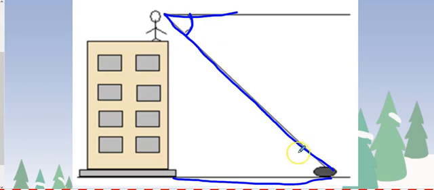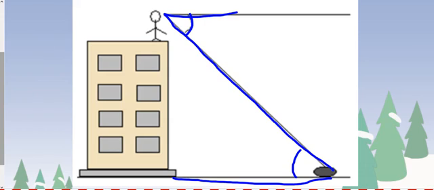So the angle of elevation is actually the same thing as the angle of depression, which again means we're going to be drawing these triangles the same way no matter what word they've given us, whether it says angle of elevation or angle of depression.